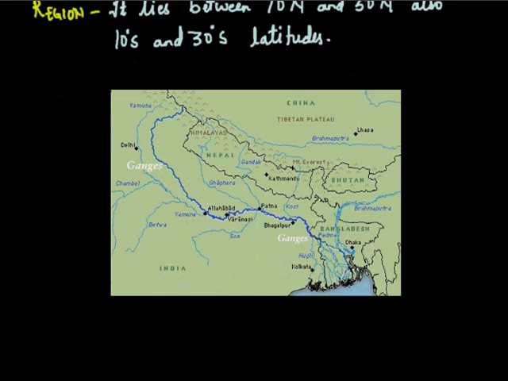The Ganga Brahmaputra region, as you can see in the map, is located in the Indian subcontinent. The Ganga River, counted as one of the biggest rivers in this region, originates from the Great Himalayas. The flow of the river is towards the east, and it meets the Brahmaputra River, which joins it from the northeastern part of the country.